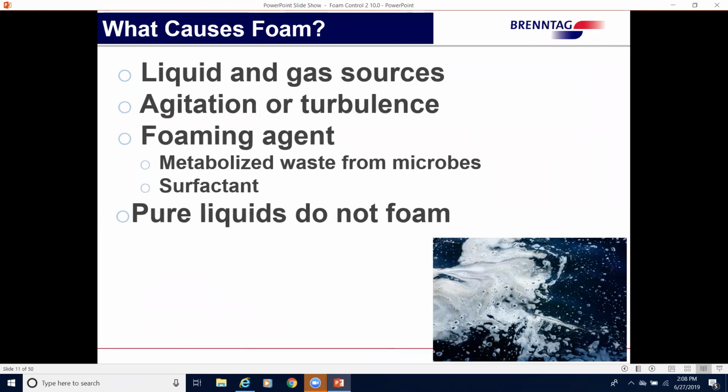In the example of the beer that we touched on earlier, this foaming agent would be the proteins, the yeast, and the hop residue that's present in the beer that causes it to foam. But something that we need to make sure as water treaters that we're all mindful of is the fact that pure liquids, something like distilled water, are not going to foam. You need to have these other foaming agents, such as surfactants and things like that, present for your liquid to foam.